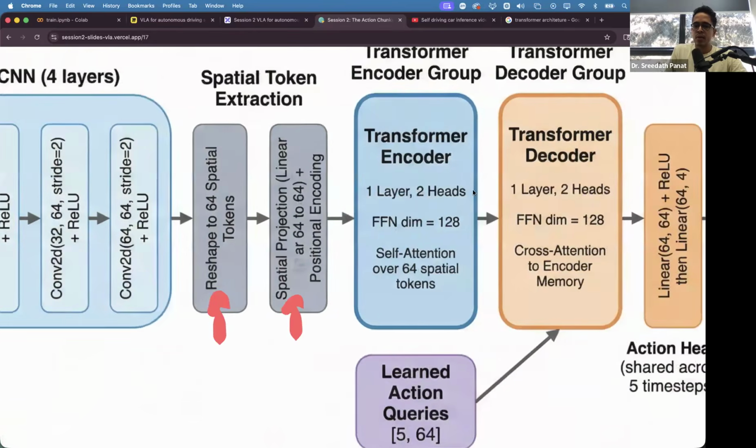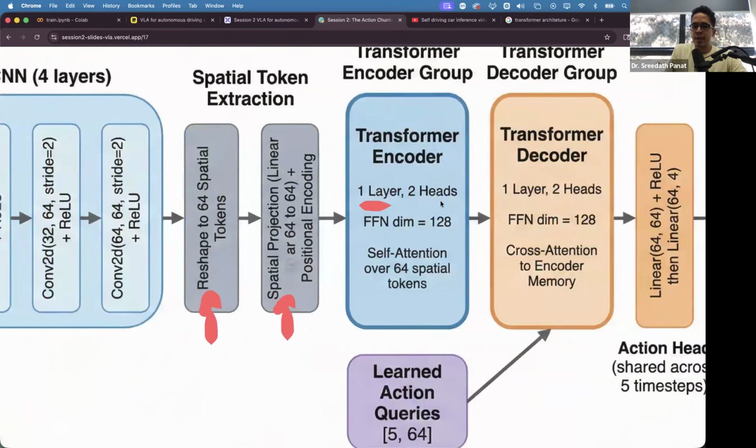Following that, transformer encoder. I have only one layer, 2 attention heads. In each head, it will take care of 32 dimensions. Feed forward network dimension simply means the hidden layer in the multi-layer perceptron in the transformer encoder. That hidden layer's dimension will be 2x the embedding dimensionality of 64, so the hidden layer will be 128.